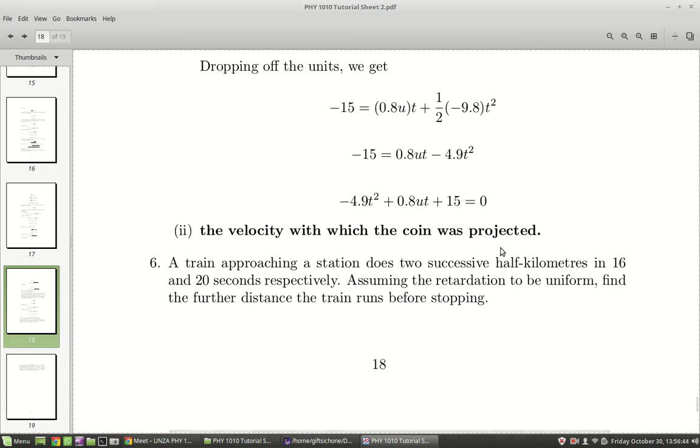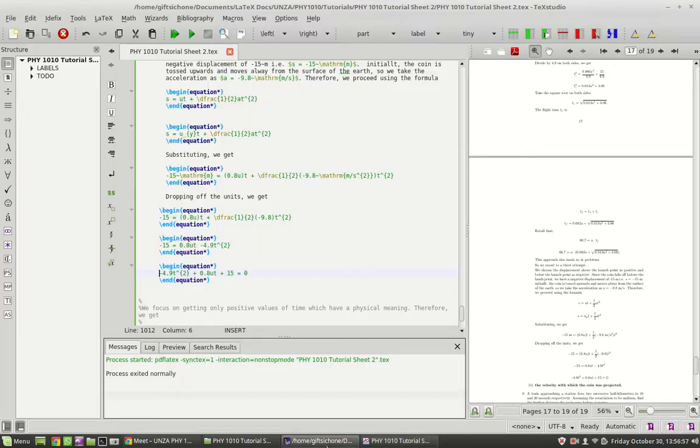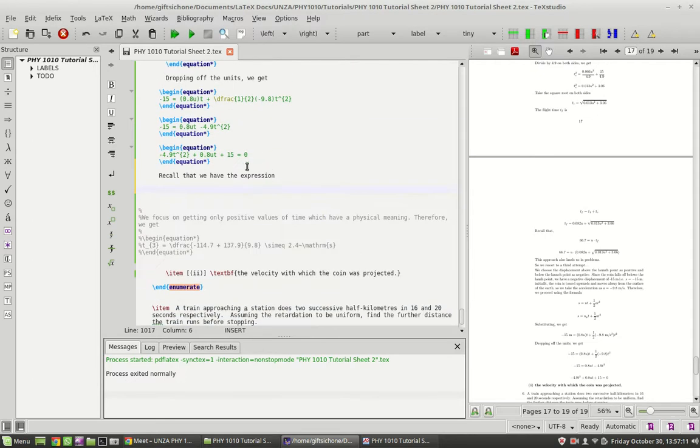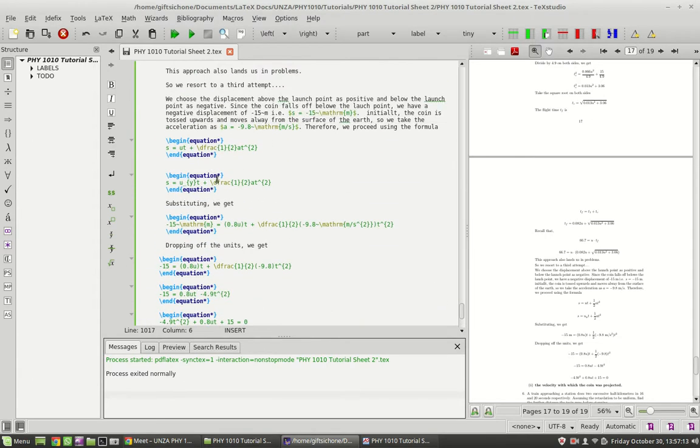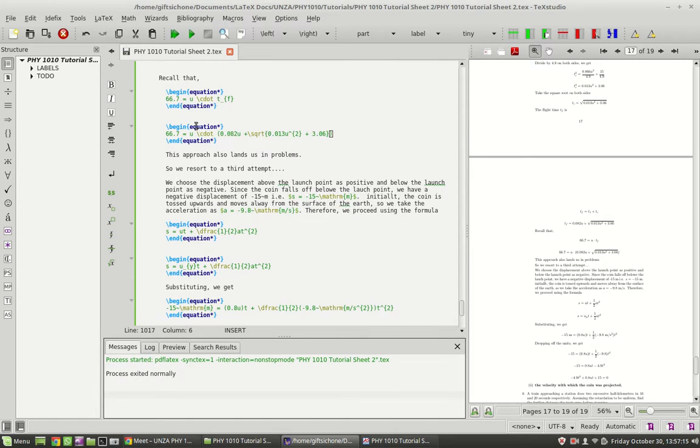This gives us a bit of a problem because there is t which we do not know, which is the entire time of flight. There is also u which we don't know, which is the velocity. However, if you recall very well, we have the following expression from our calculation of flight time.